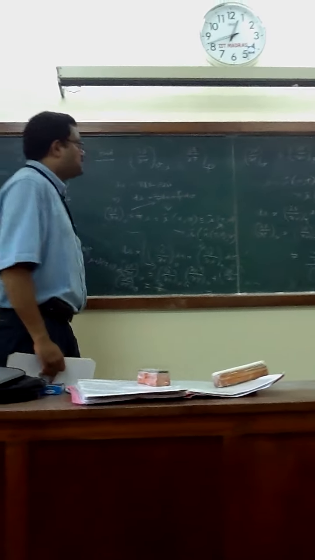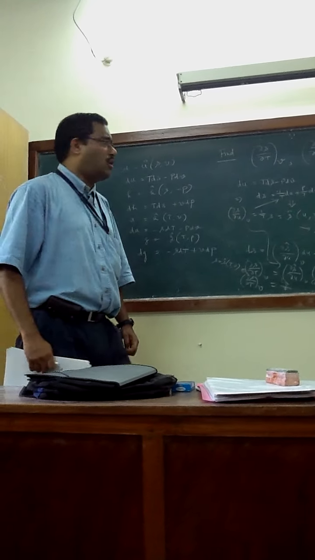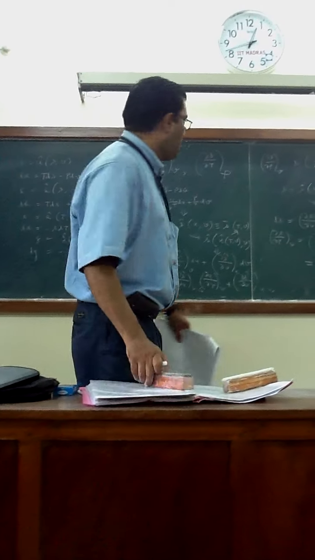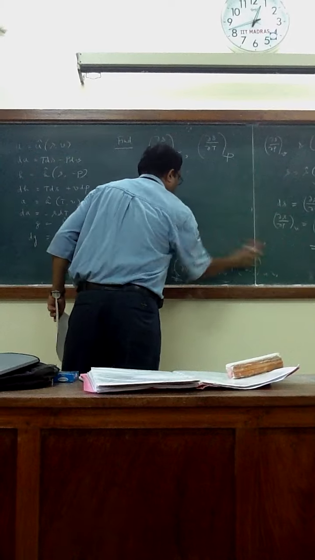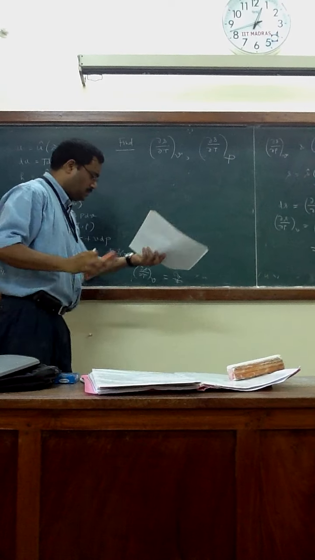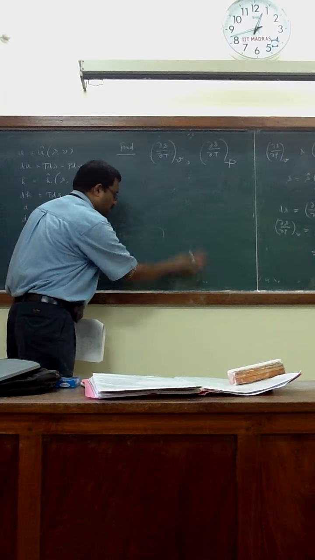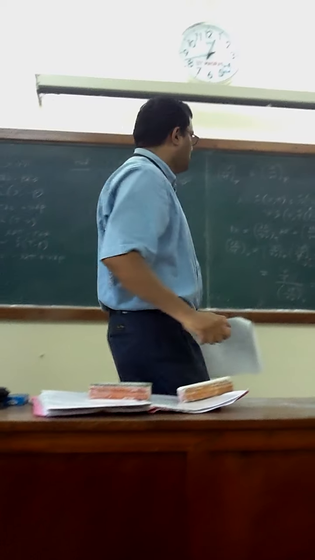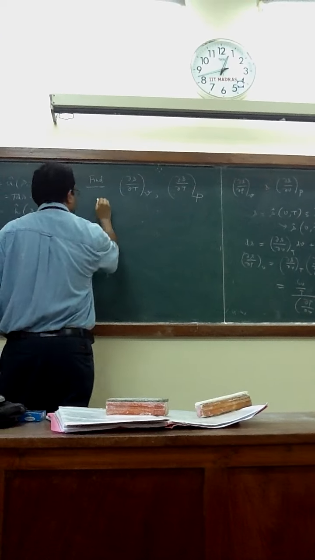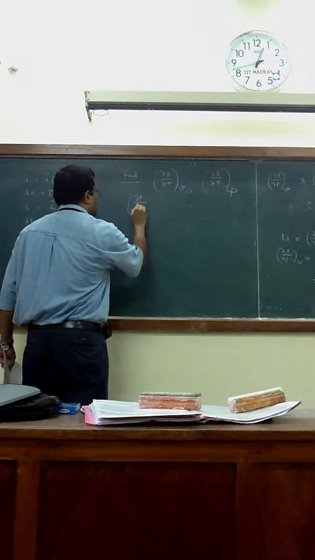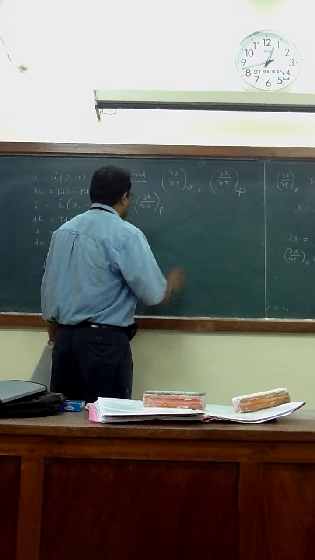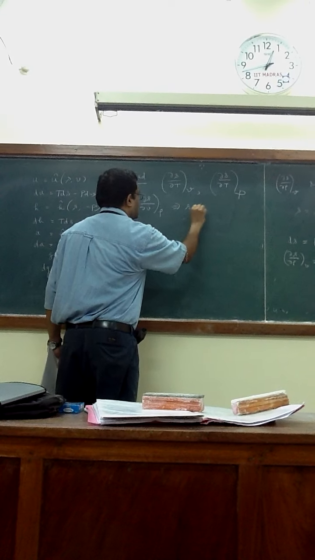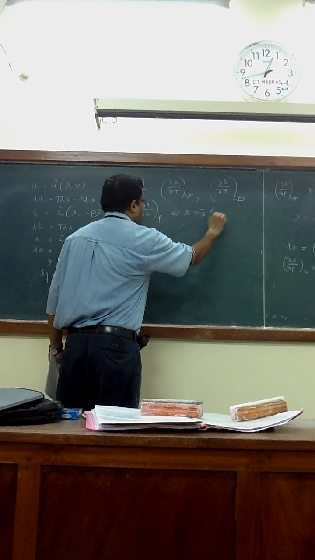Next is ∂S/∂V at fixed P. Now you know how to do it. ∂S/∂V at fixed P. So it suggests that S has to be a function of P and V again.